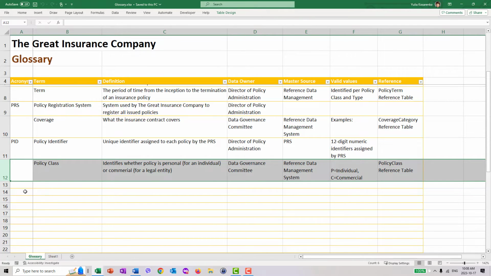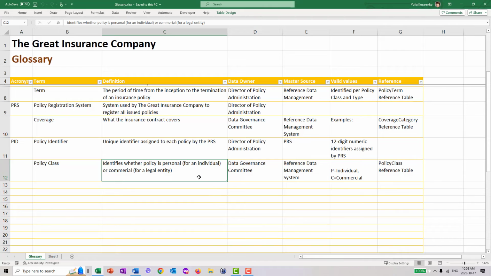This is another example of reference data, of a category of a policy. In my case, I said that it identifies whether the policy is personal, or issued for an individual, or commercial, issued for a legal entity. So there's only two valid values, P for individual and C for commercial.